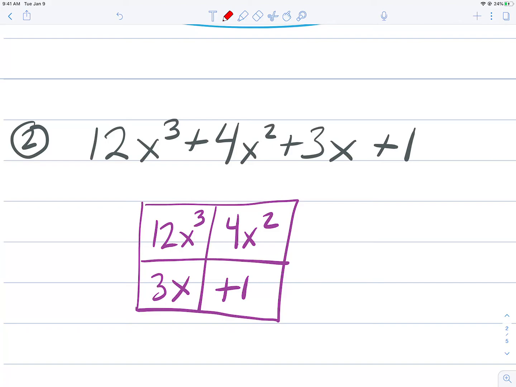So if I factor out the GCF of the first column, they have a 3x in common. If I factor out the second column, it has a 1 in common. The top row has a 4 and an x squared in common, and the bottom row has a 1.